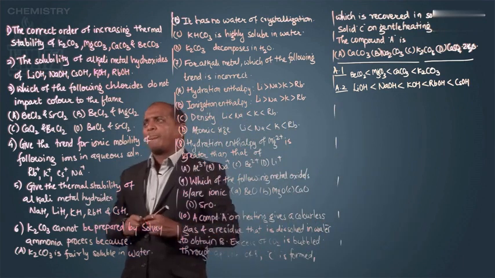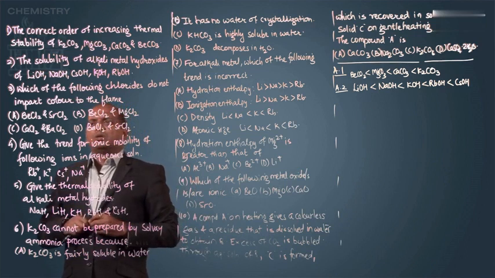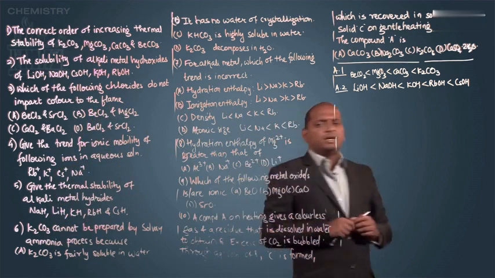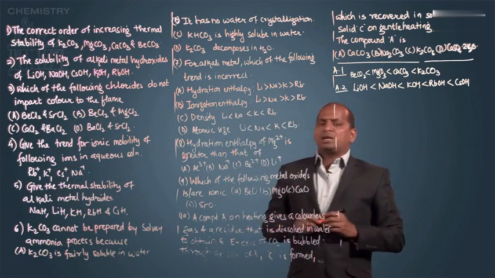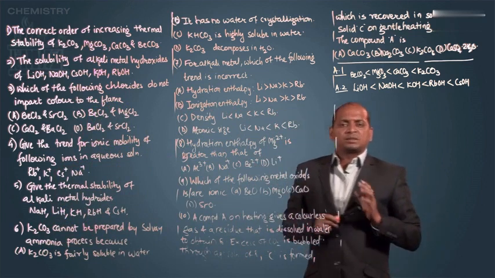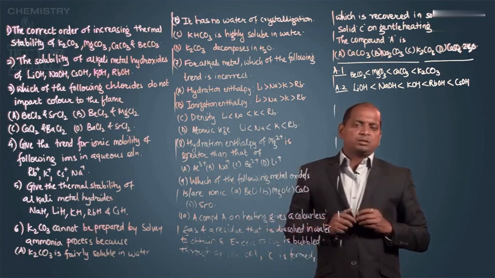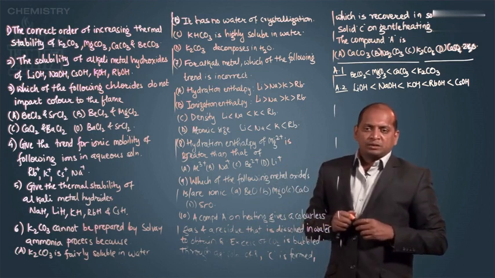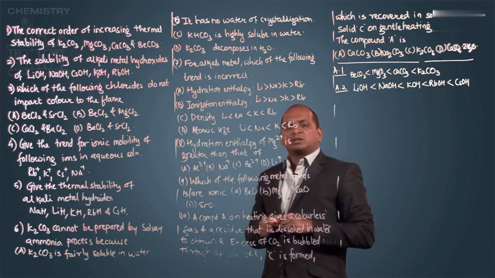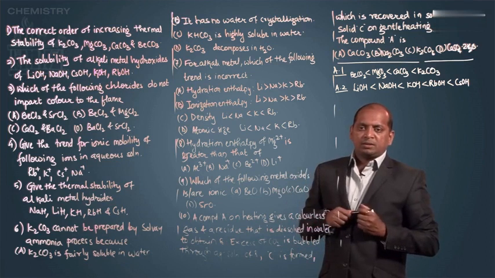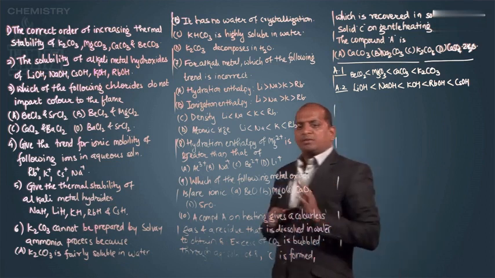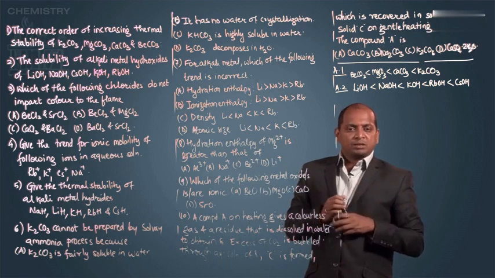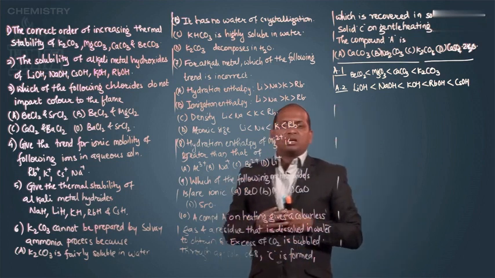Next question. Which of the following chlorides do not impart color to the flame? As we know, the compounds of alkali and alkaline earth metals impart color, but not all. The color is because of the presence of unpaired electrons and the low ionization potential of these metals. But in case of alkaline earth metals, the first two members, beryllium and magnesium, do not impart color to the flame.